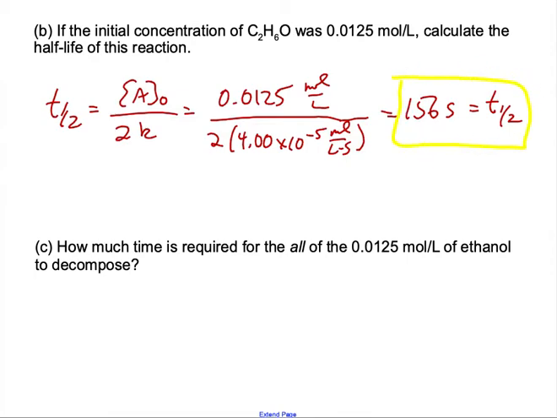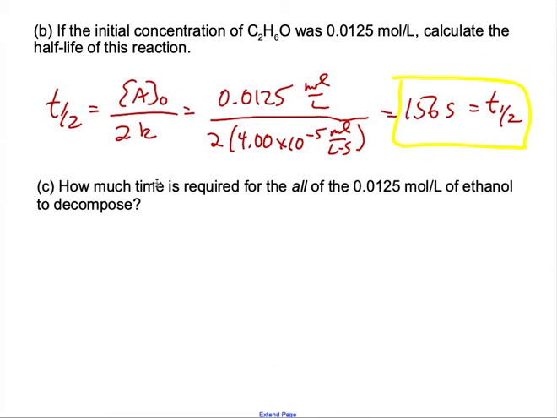How much time is required for all of the initial concentration of ethanol to decompose? In other words, what's the time that it's going to take for the concentration to drop to 0? Well, we can do this one of two ways.